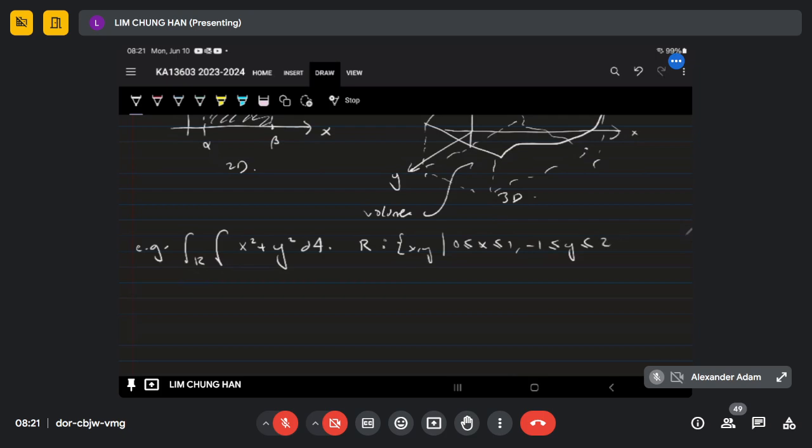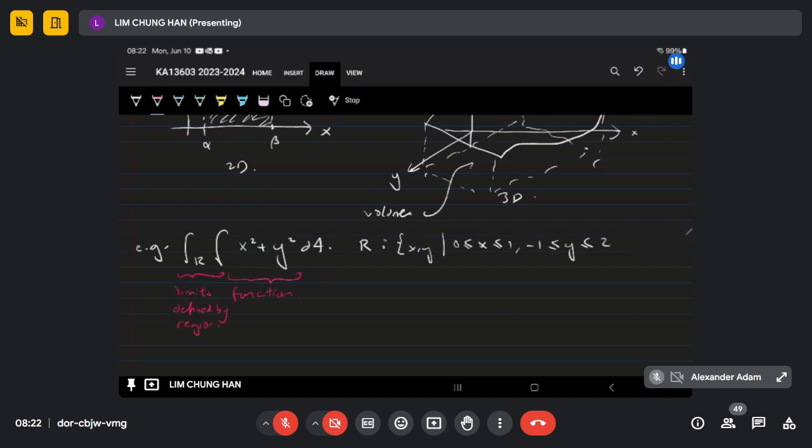Well, wait, that's not the function. This is the function, and this is the limit as defined by the region.